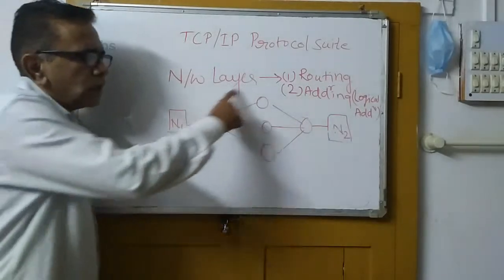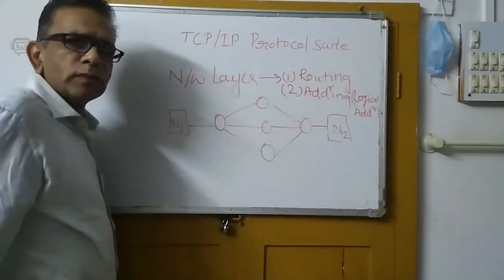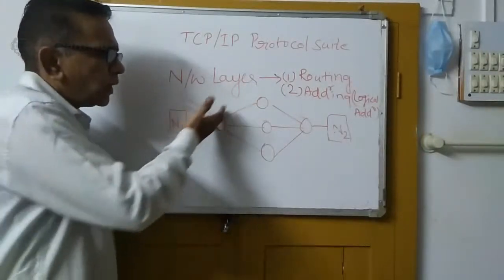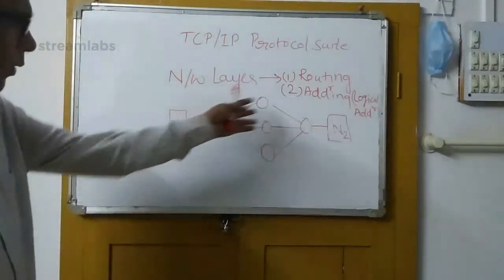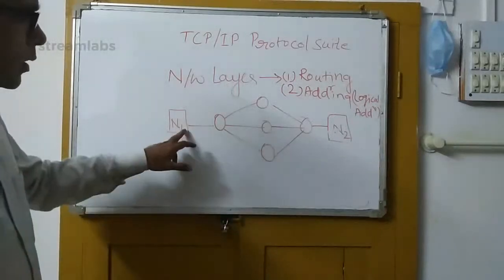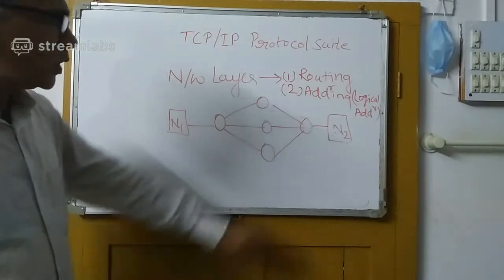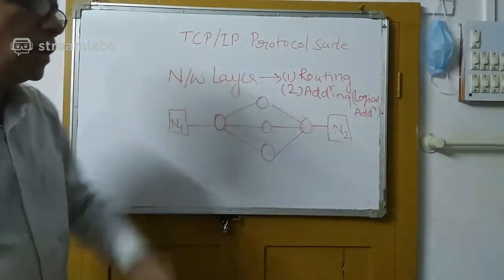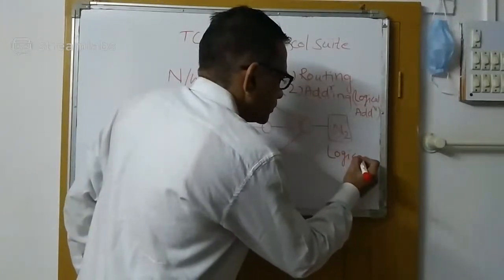This is something like a graph with nodes and links, so your job is to find the shortest path to reach the destination. The destination is identified by the logical address.